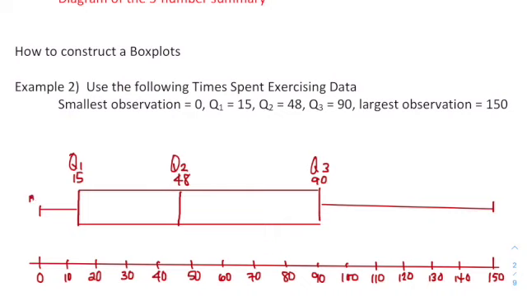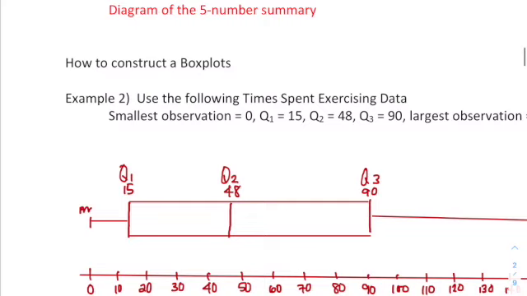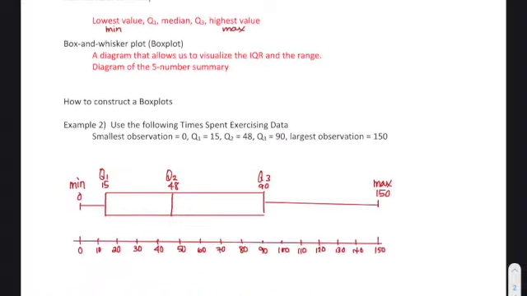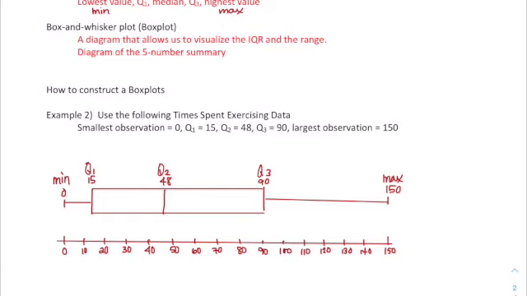And there's your minimum, that's at 0. And there's your maximum, and that's going to be at 150. And this thing right here is called the whiskers.